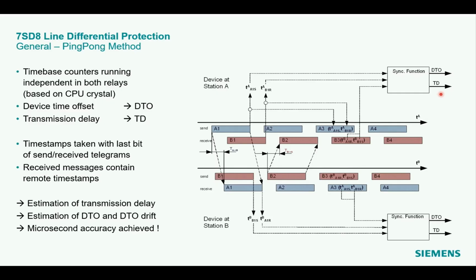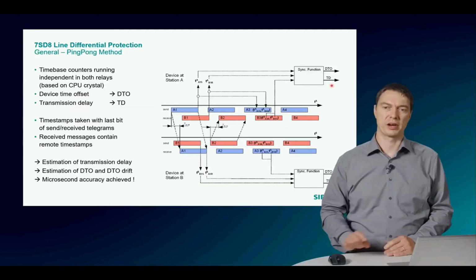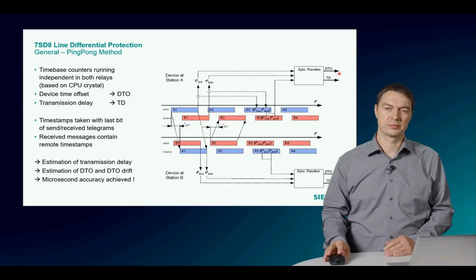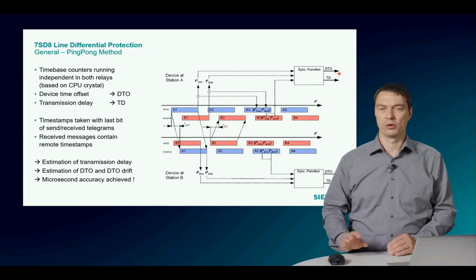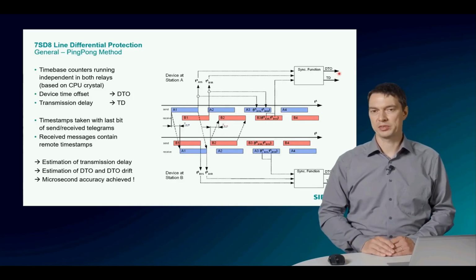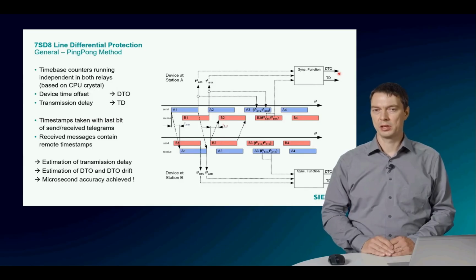Assumption for the ping-pong method is always that a symmetrical communication channel is used. Using two data tuples allows the calculation of the device time offset. Also, the drift in the device time offset can be estimated and results in a microsecond accuracy.